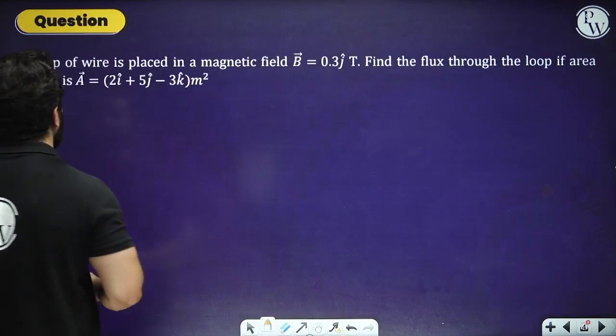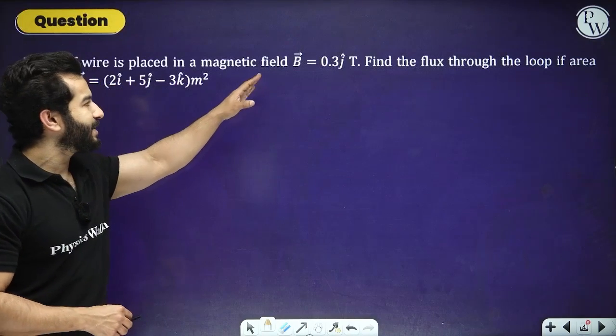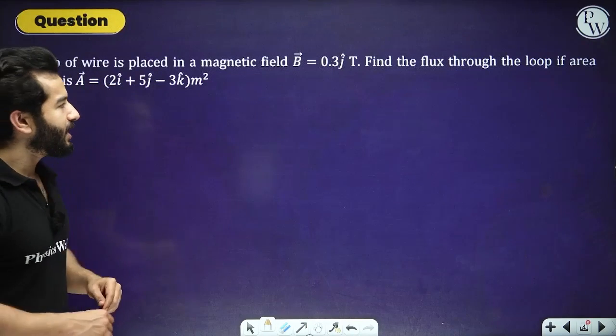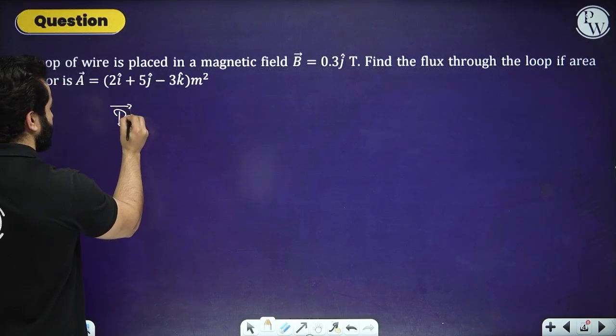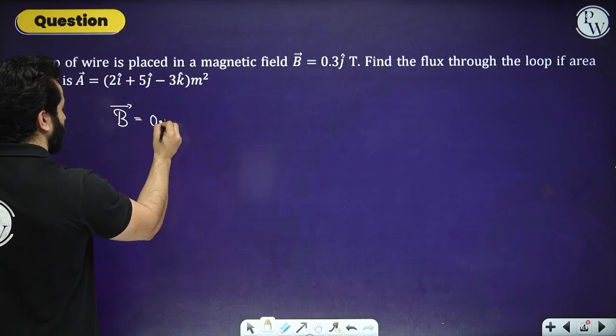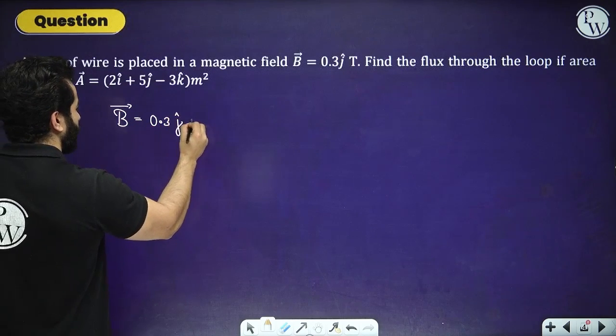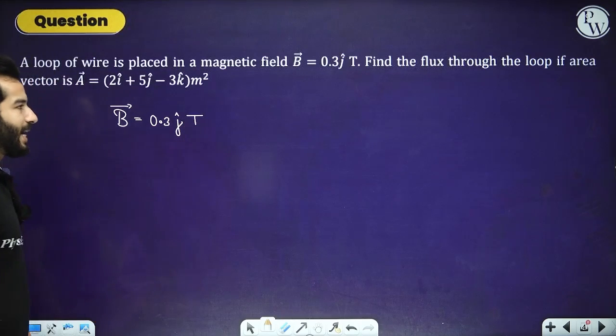Let's suppose we have got a loop of wire which is placed in a magnetic field of 0.3 i cap Tesla. That means the magnitude is 0.3 Tesla and the direction is towards positive y axis.